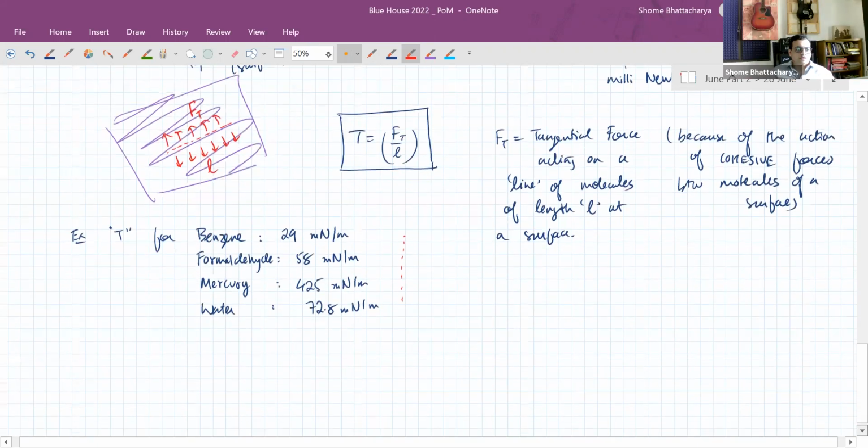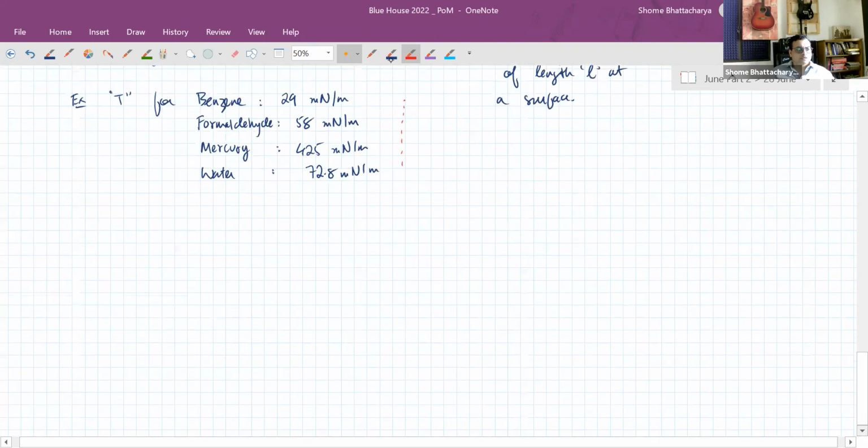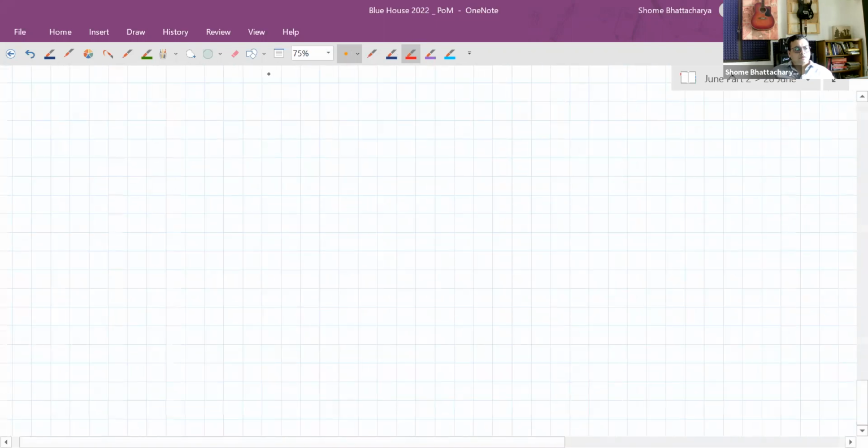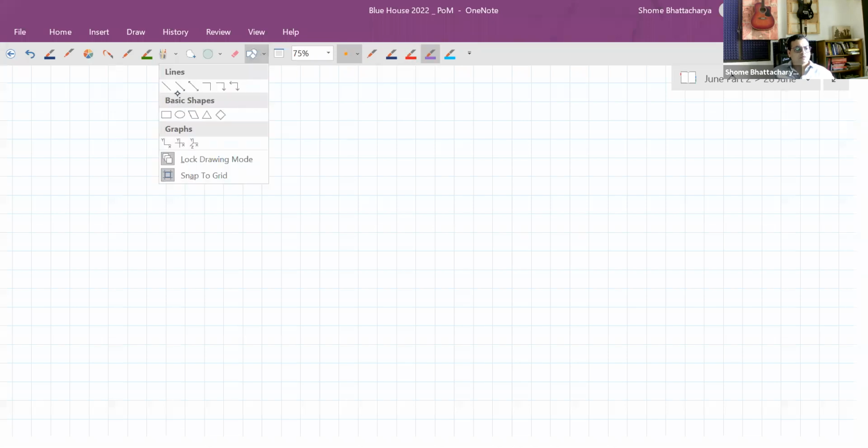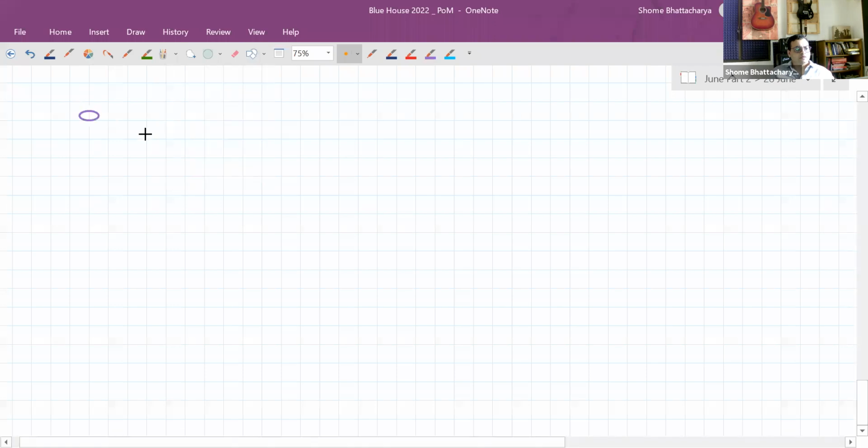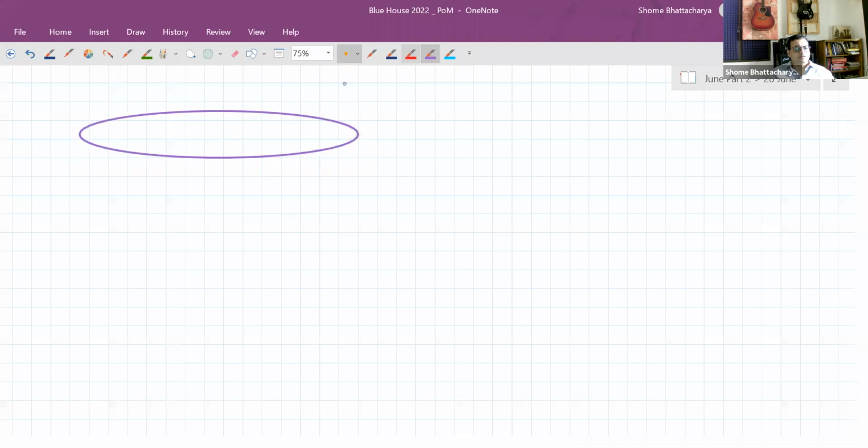Okay, so we will see an example problem based on this. This is an example based on that situation we were just discussing, that you have a liquid surface on which a very thin object like a thin metallic needle is balanced.